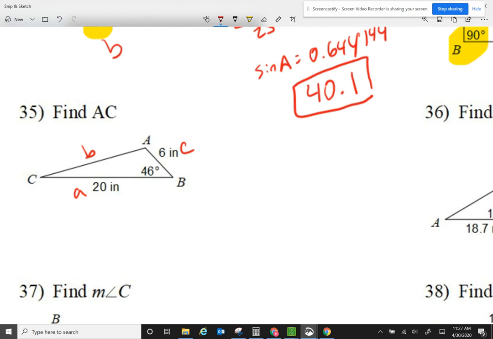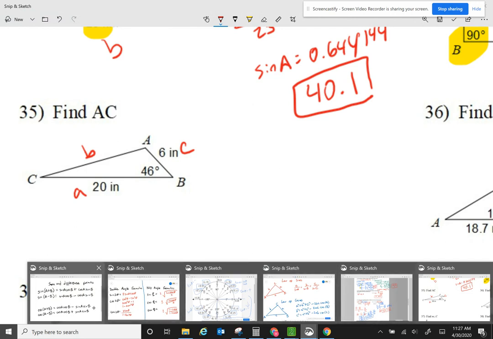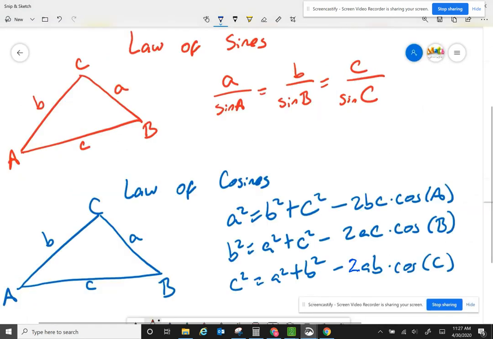Depending on the angle that I gave you guys, I gave you guys angle B. So we're going to use the second formula from the law of cosines, since this is the one that has angle B.